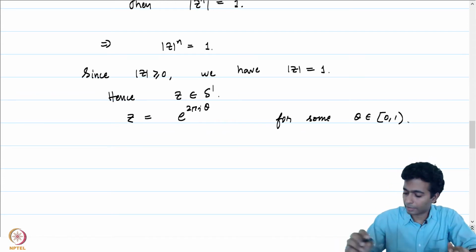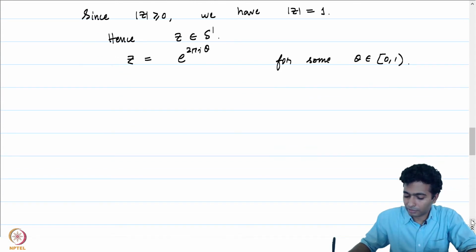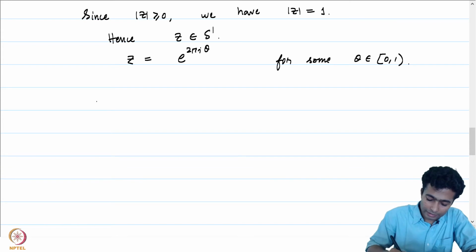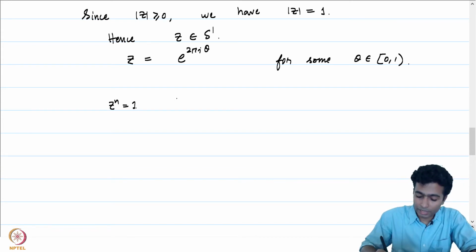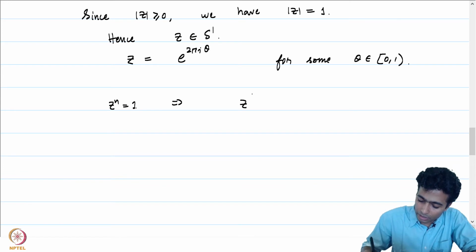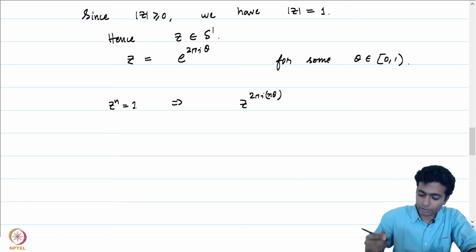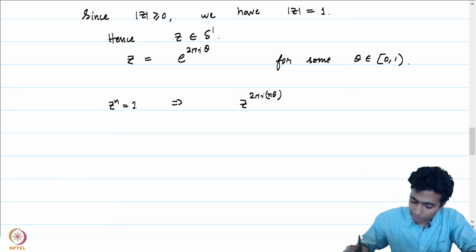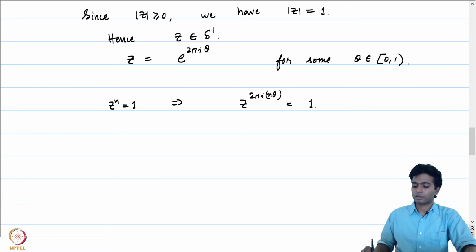So let's write it in that manner, because taking the powers will become far easier in that scenario. And let's see what happens when z to the power n is equal to 1. This implies that z to the power n is e to the power 2 pi i n theta, because the power is just going to get multiplied to the exponent, and that's going to be equal to 1.